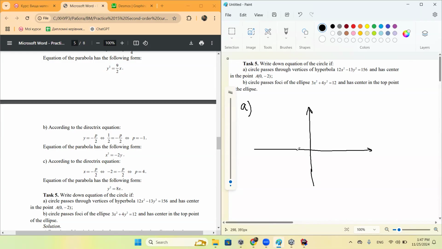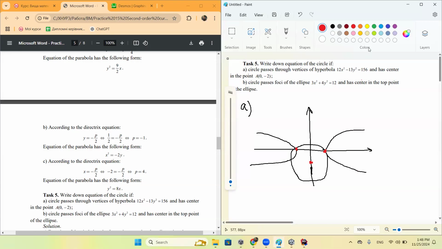Hyperbola, and the circle. Okay, imagine. Just believe me that this is the circle, and it crosses, so it passes through vertices, and this is the center.